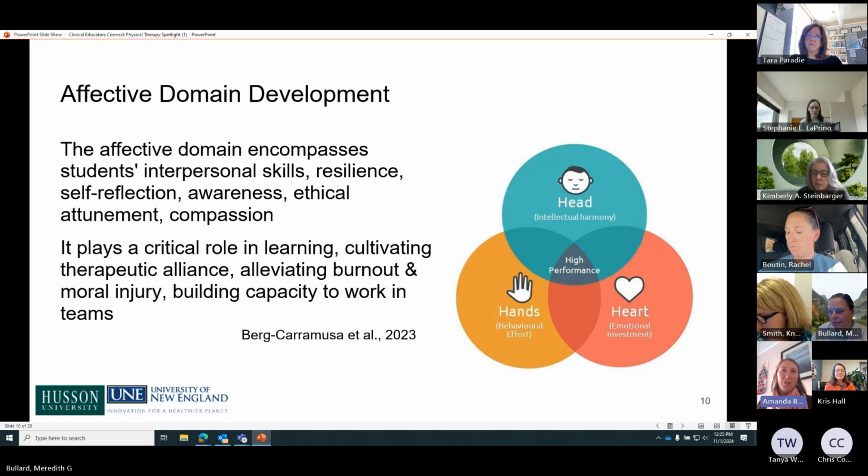So Tara set me up so nicely talking about the affective, psychomotor, and cognitive domains of learning. In clinical education, when students start to have problems or struggle with their learning, within those gears that Tara introduced of the MAL framework, typically it has to do with the affective domain.